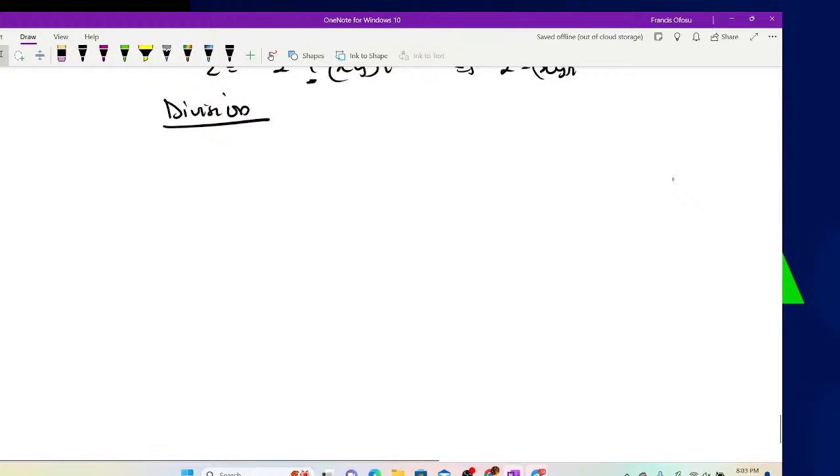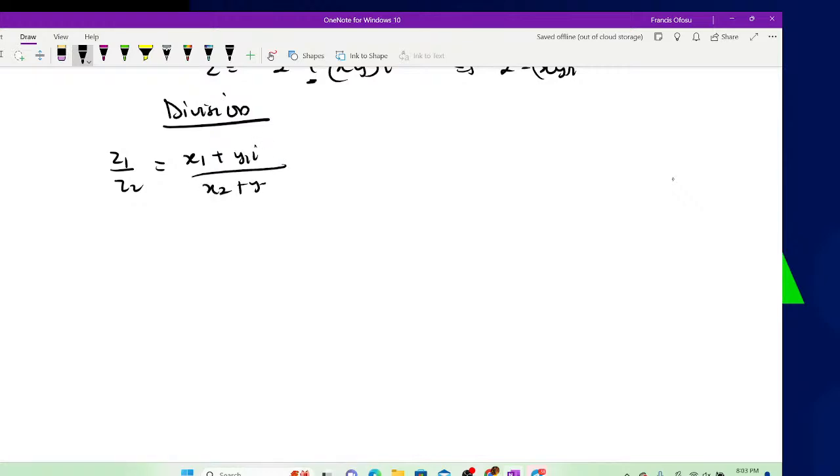For that reason, if you have z1 over z2, which is a complex number, x1 plus y1i over x2 plus y2i, how do we solve this? To solve this, we simply apply the conjugate which we just did.